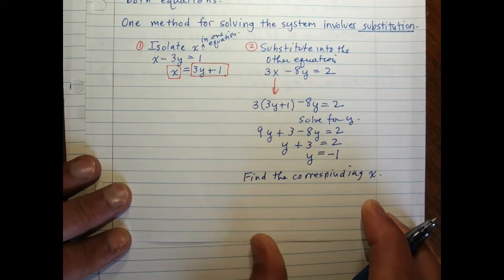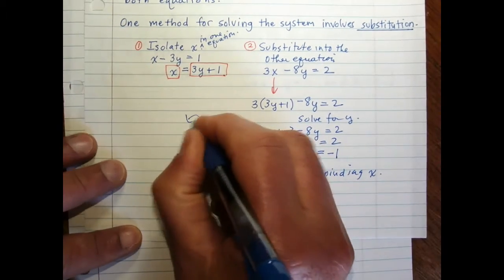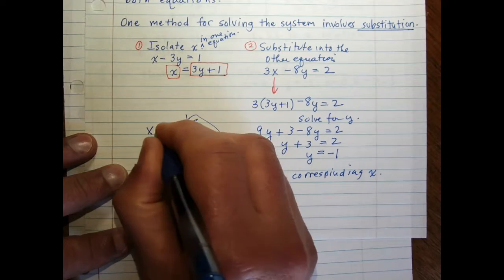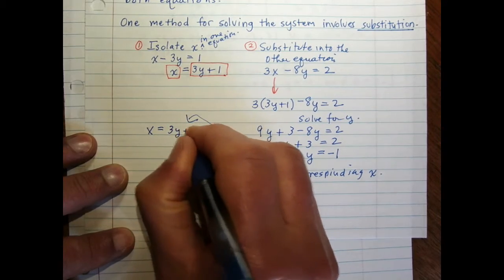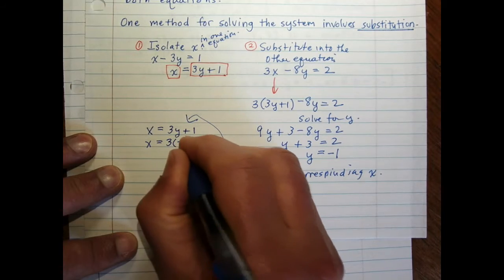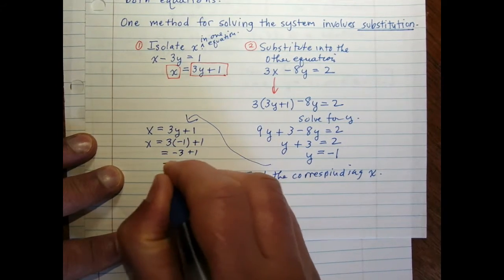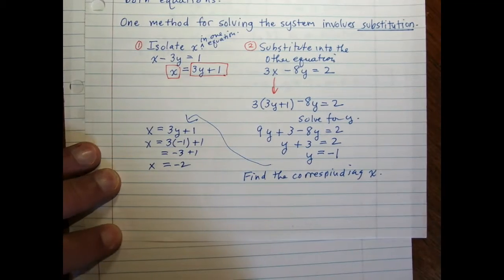I can plug in: x is equal to 3y plus 1. X is equal to 3 times negative 1 plus 1. Negative 3 plus 1 is negative 2.